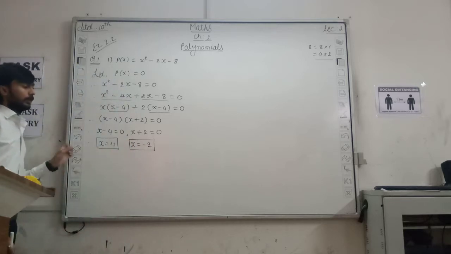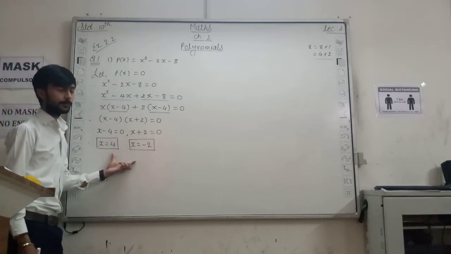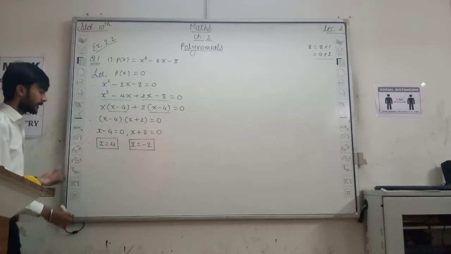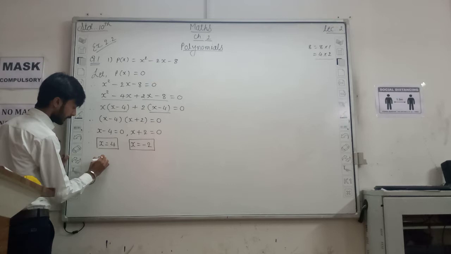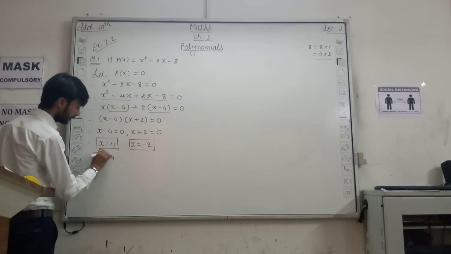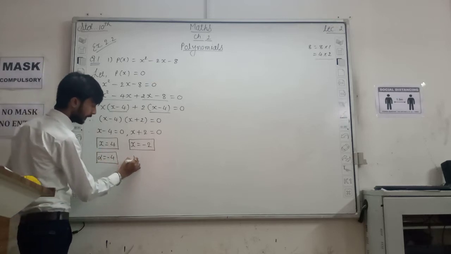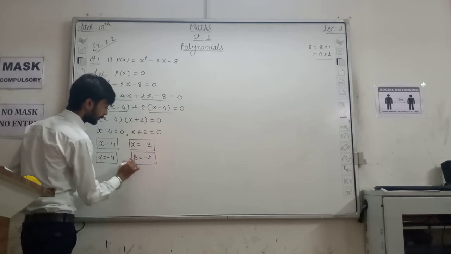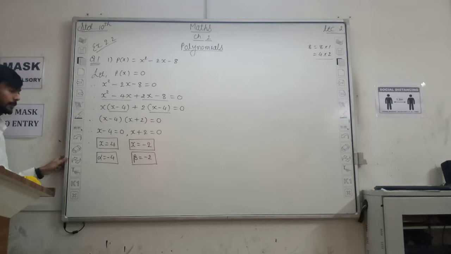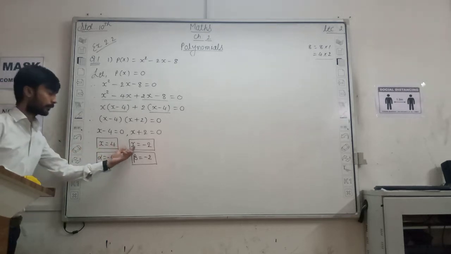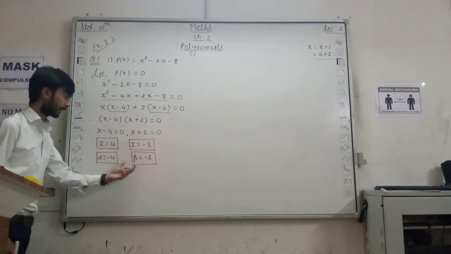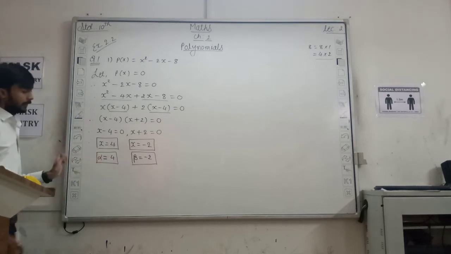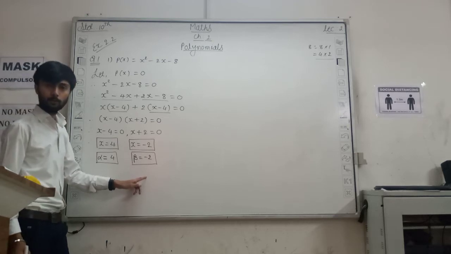So here we have two zeros, two values of x. First is 4, second is minus 2. Take the first as alpha, so alpha equals 4, and the second as beta, so beta equals minus 2.